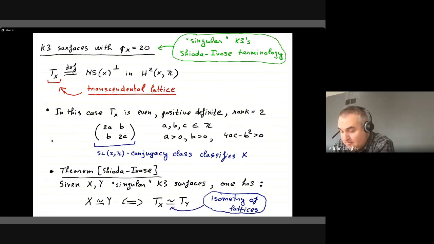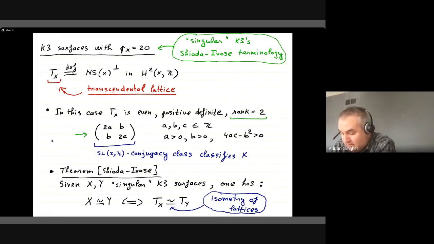So if the Picard rank is maximal, 20, excuse me, then the transcendental lattice is going to be even, positive definite, and what is important, it's going to have rank 2. So basically, it's going to be a positive definite quadratic form.